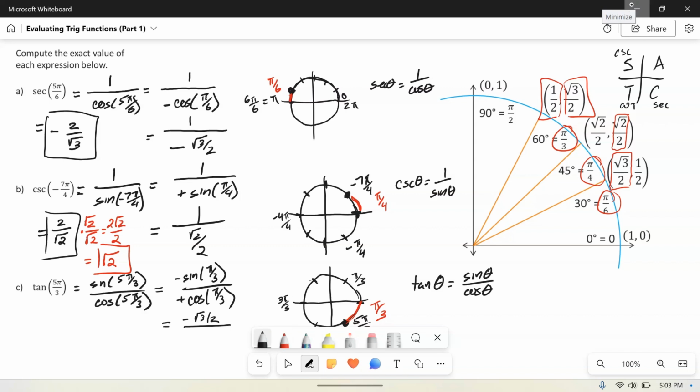So we have a negative square root of 3 over 2 divided by a positive 1/2. The 2's are going to cancel, and so we're left with just a negative square root of 3. So the tangent of 5 pi over 3 is equal to a negative square root of 3.